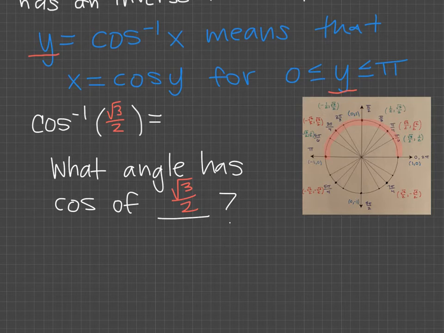All right, so as we look at our points, we actually come to here, pi over 6 has positive square root 3 over 2. So the angle that has cosine of square root 3 over 2 is pi over 6. So that means that cosine inverse of square root 3 over 2 is equal to pi over 6.